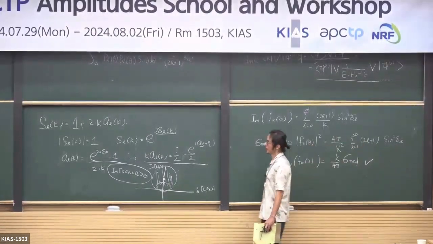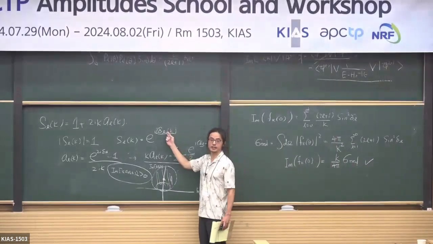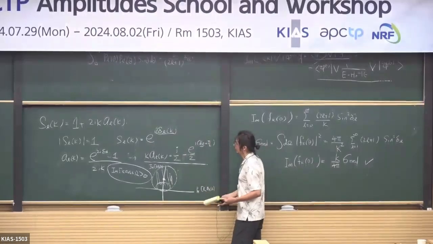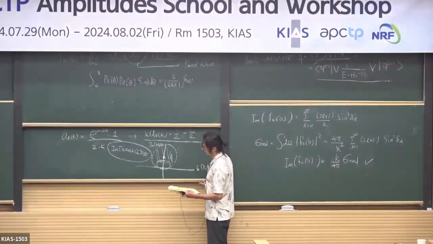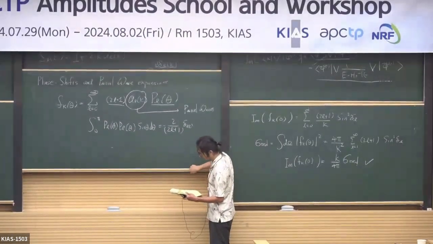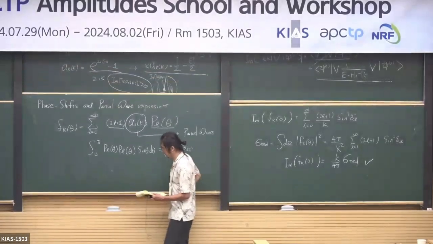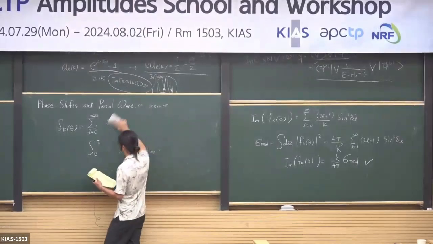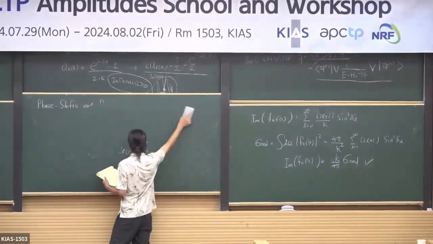The final thing that you might learn is how to compute the phase factor here. I'm just reminding you of the generic setup you have in your textbook: you solve your wave function.